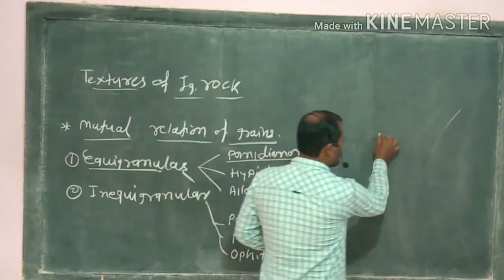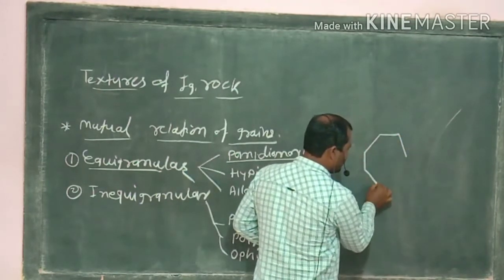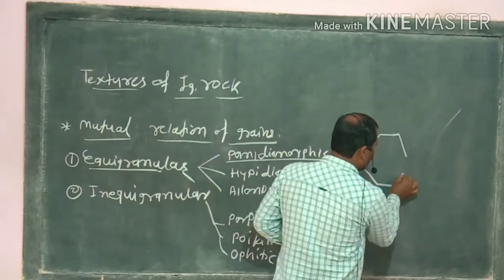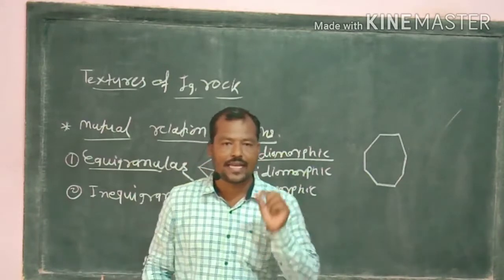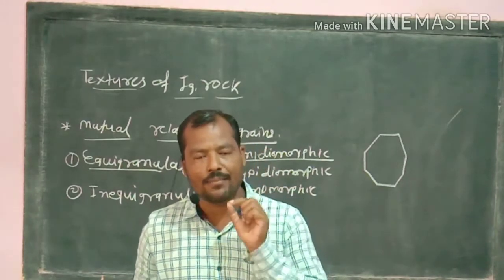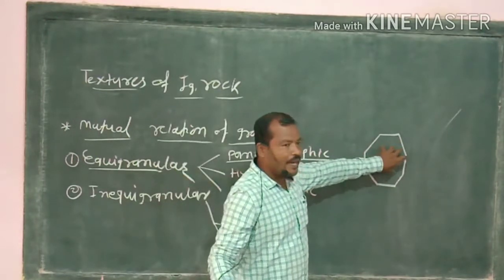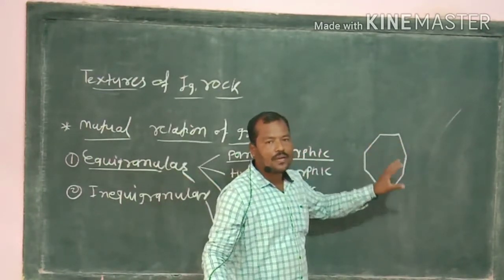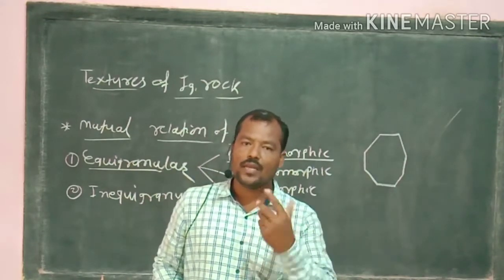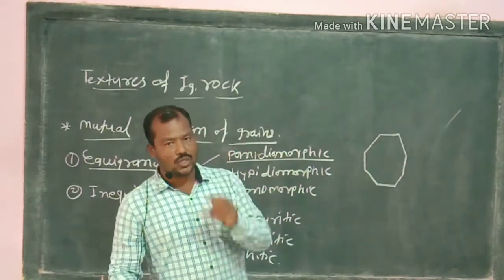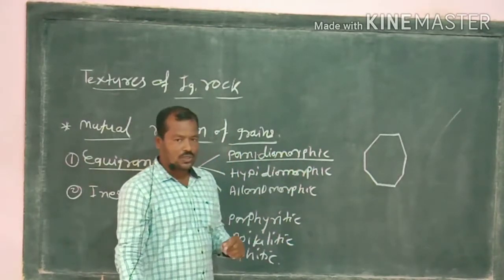Euhedral grains we have seen in the last lecture, those grains which are perfectly developed at the time of cooling of magmatic material. Such perfect euhedral minerals are packed within the igneous rock mass. Such a texture is called a panidiomorphic texture.